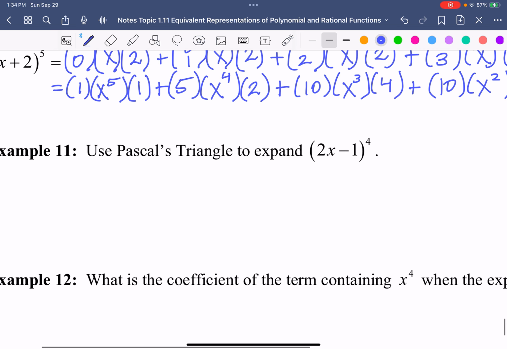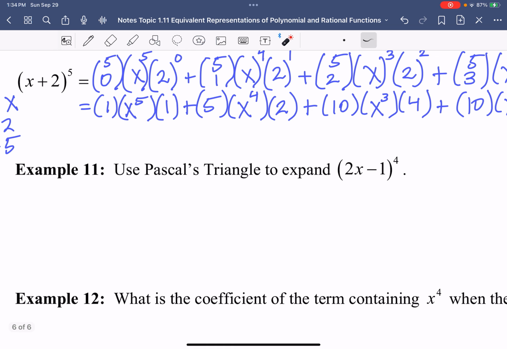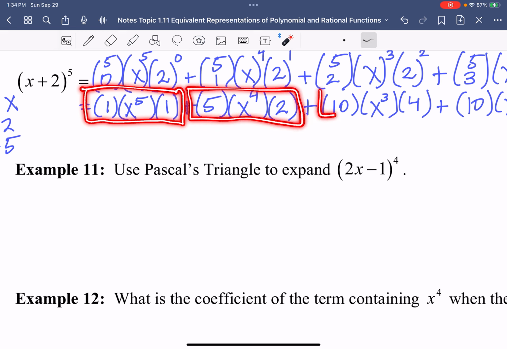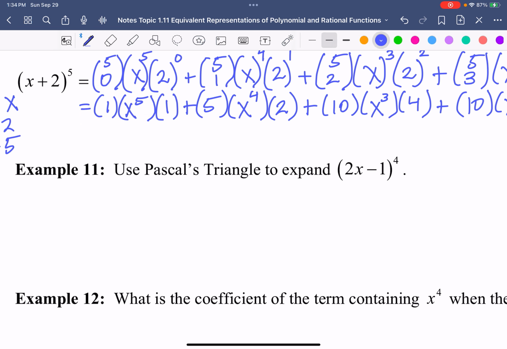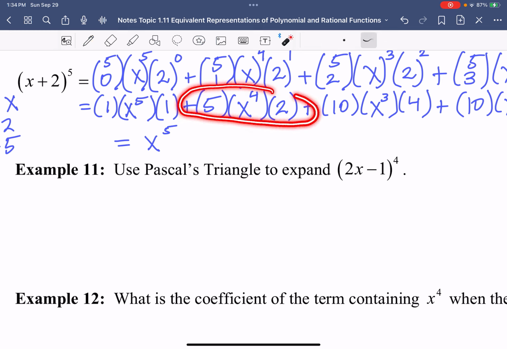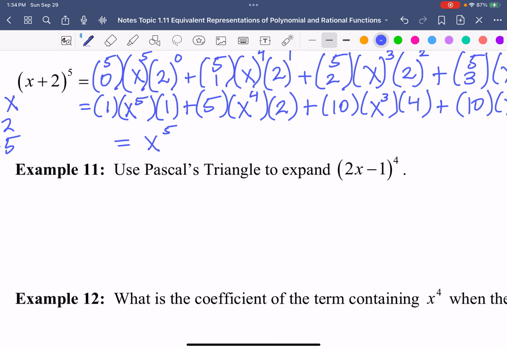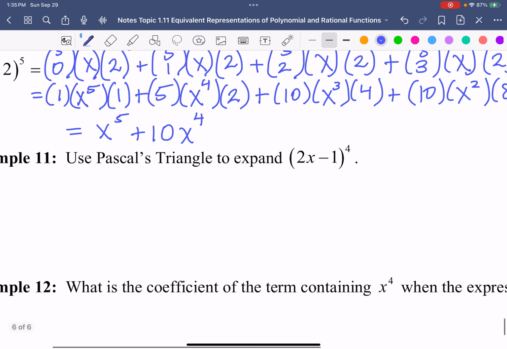Now go back and simplify by multiplying all of this in between the pluses. This is its own term, this is its own term, and so on. If I multiply all of this together, I get positive x to the power of 5. Now the next term: 5 times 2 is 10, positive 10x to the power of 4.